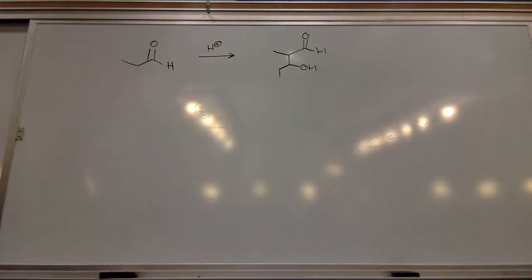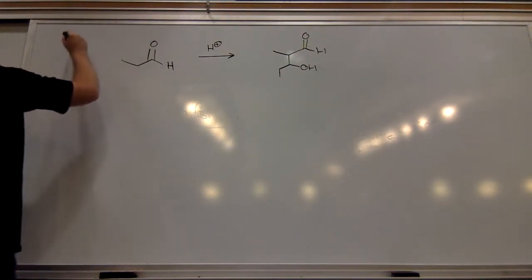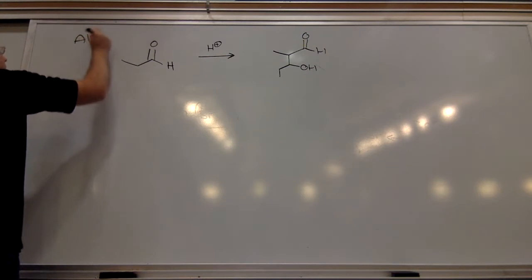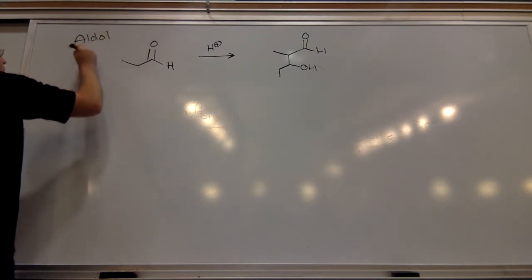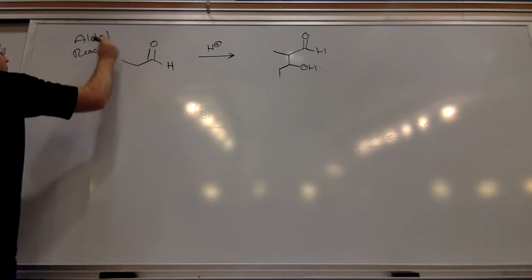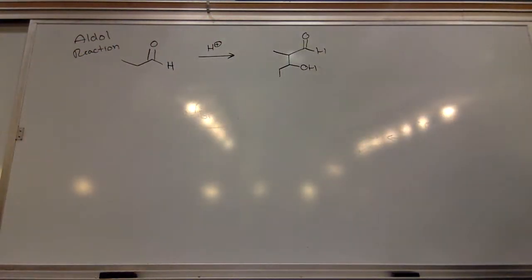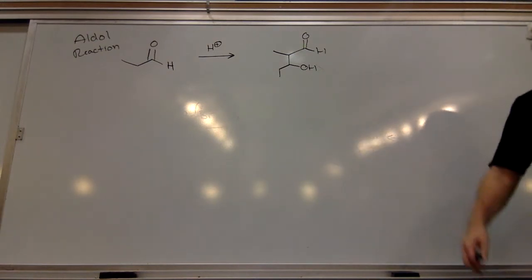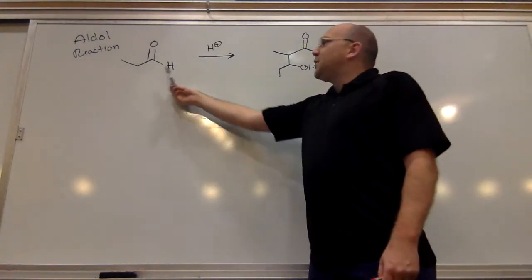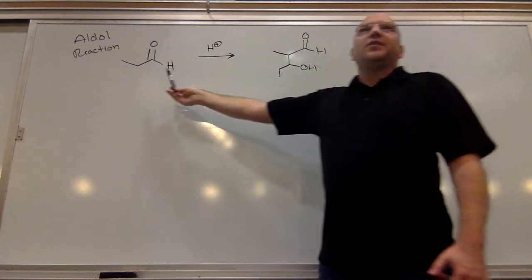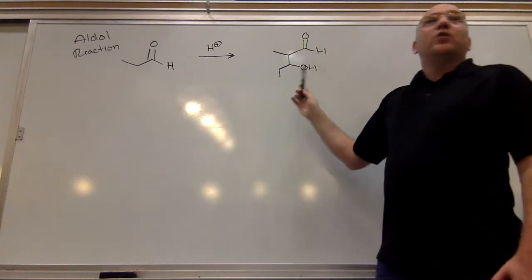We'll show it under basic conditions as well. But so, aldol. The aldol reaction has its name in the fact that it's an aldehyde making an alcohol, right? And so two equivalents of this are going to make one equivalent of this molecule.